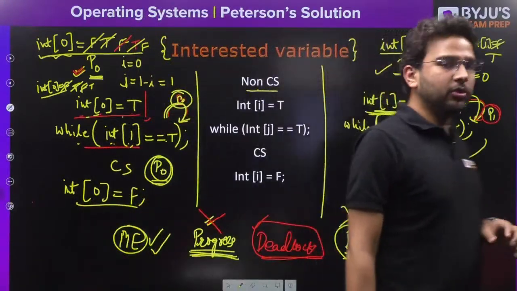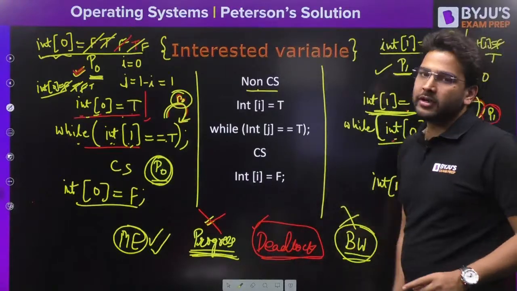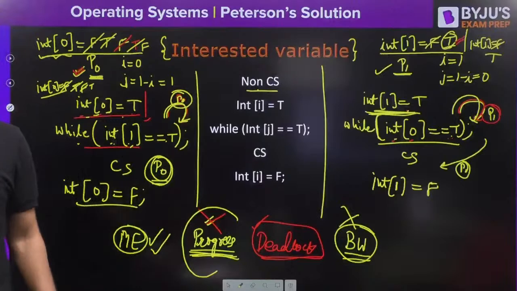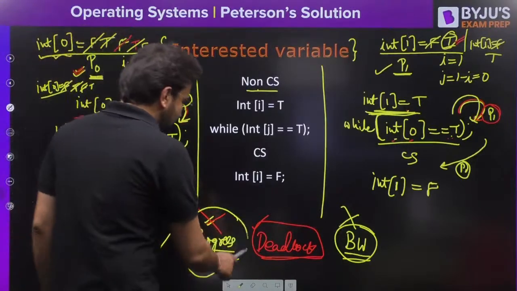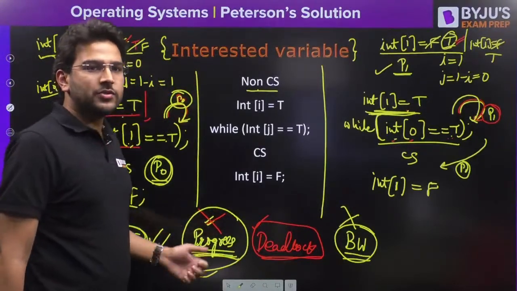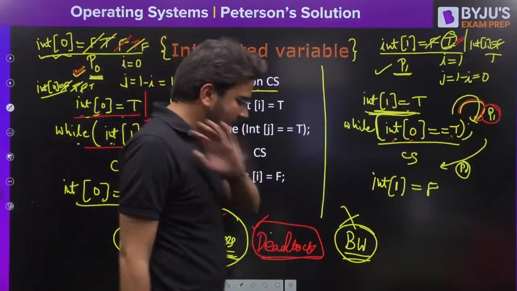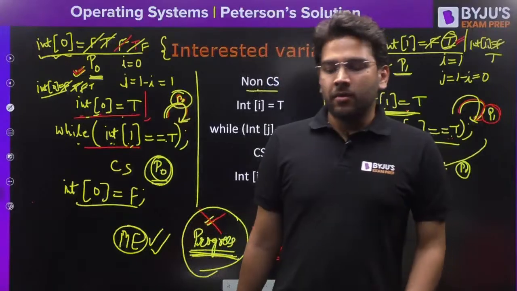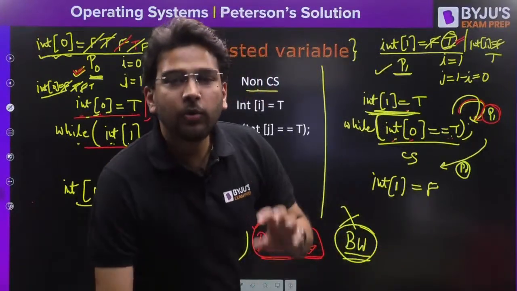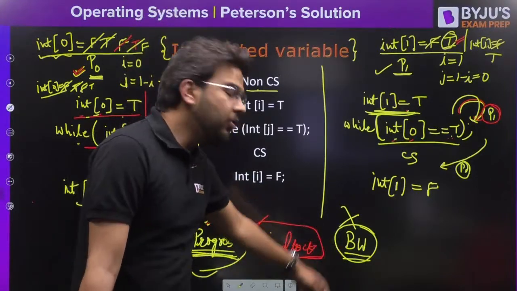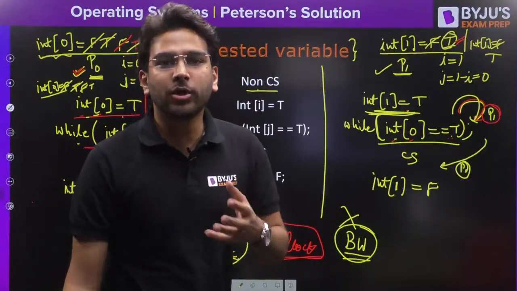Bounded waiting is also not satisfied in case of interested variable. In case of progress, you will see on many resources, again I am repeating, that they will mention that progress is satisfied, but that is incorrect. If you have deadlock, there will be no progress. Because progress, we talk about in terms of the whole system, and we talk about bounded waiting in terms of a process.